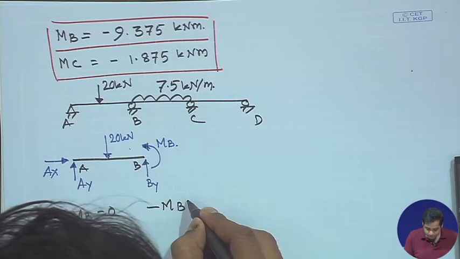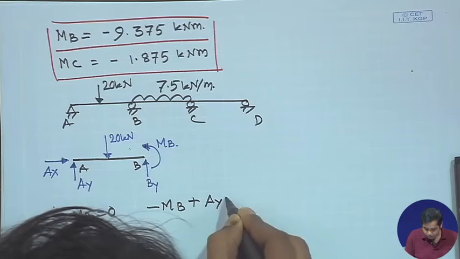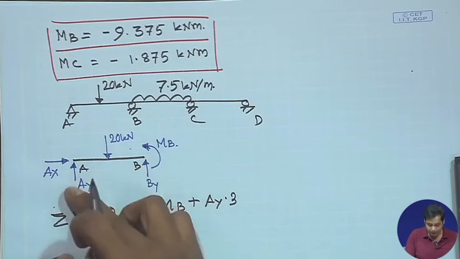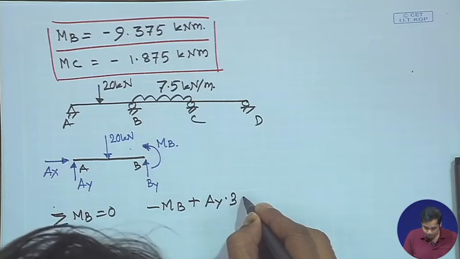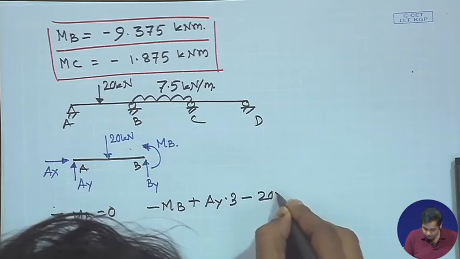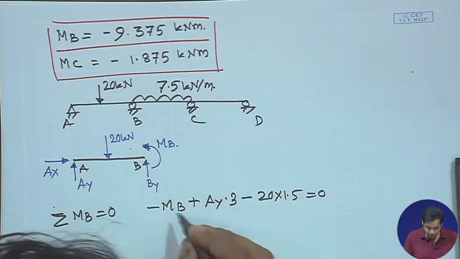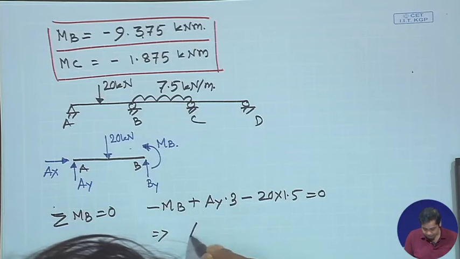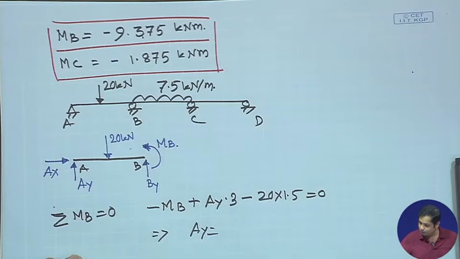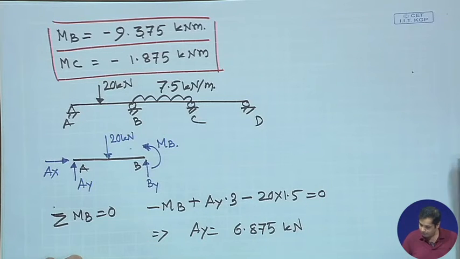Then AY will contribute, AY into 3, the length, and AY produces clockwise moment, and then finally minus 20 into 1.5, which produces anti-clockwise moment, and that is equal to 0. MB we already obtained. If we substitute MB in this equation we will get AY equal to 8.75 kilonewton.